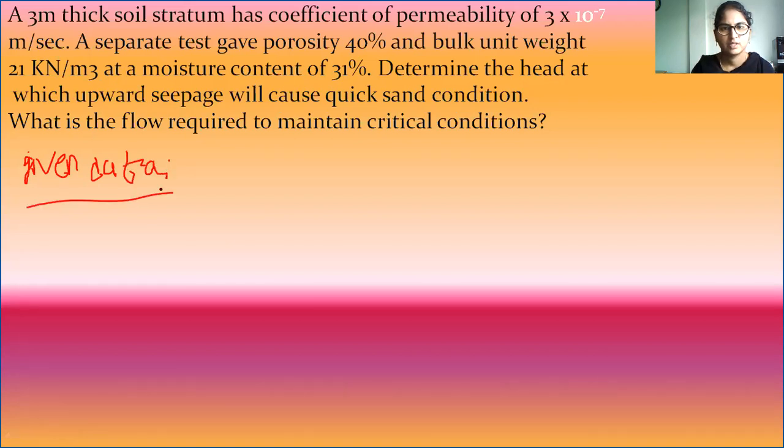Given data. First, coefficient of permeability K is equal to 3 into 10 to the power of minus 7 meters per second.